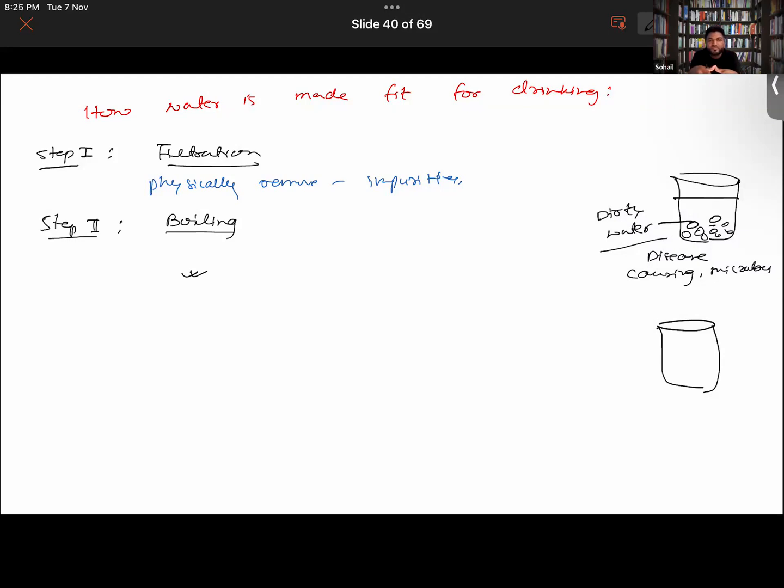All right. So first of all, we did the process of filtration, whereby we physically remove the impurities. Then we will take the filtered water into a separate container. Look over here.